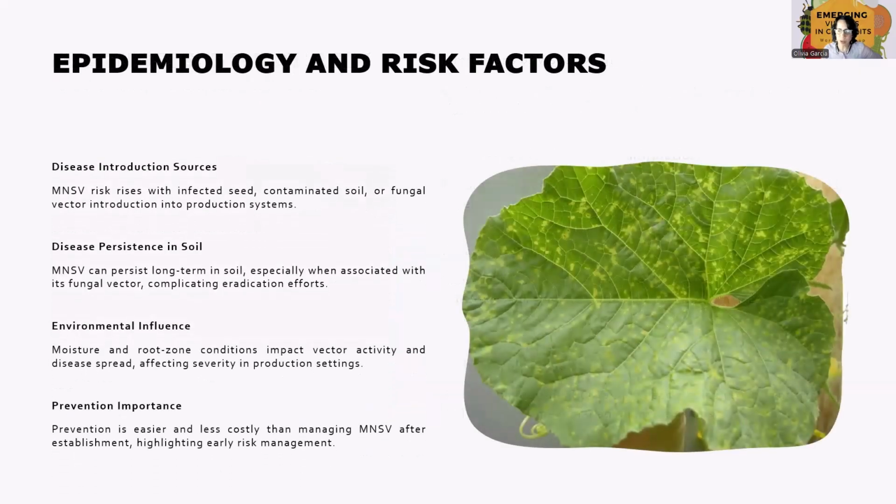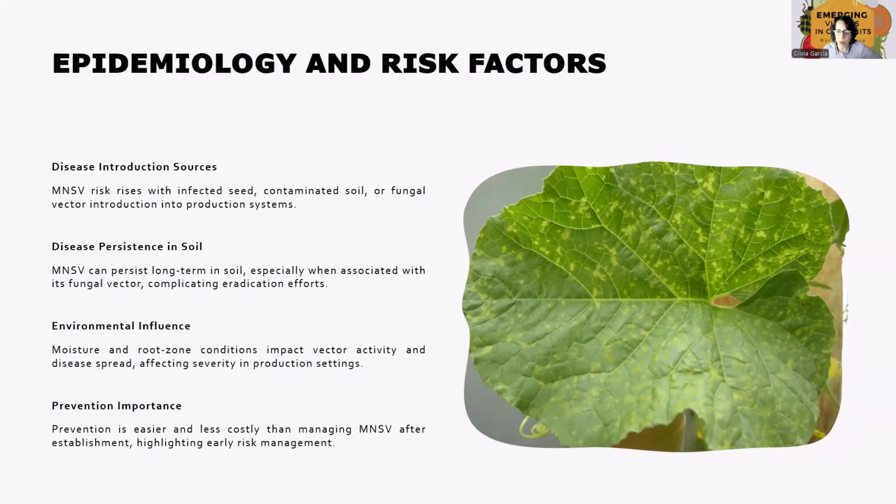When we think about epidemiology, the central issue is introduction plus persistence, and risk increases when we have infected seed, contaminated soil, or the fungal vector entering a production system. Once that happens, the virus-vector relationship can support continuous disease pressure in the crop.